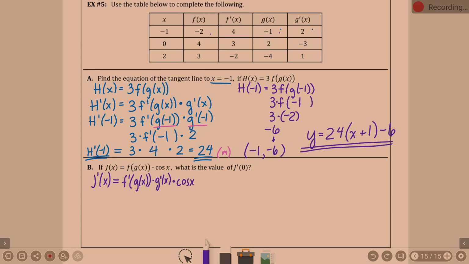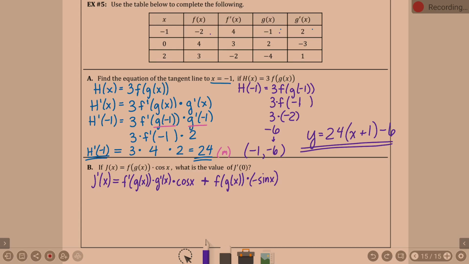So that's derivative of the first, keep the second. Plus, we're going to keep the first, f of g of x, times the derivative of cosine x, which is negative sine of x. Okay?